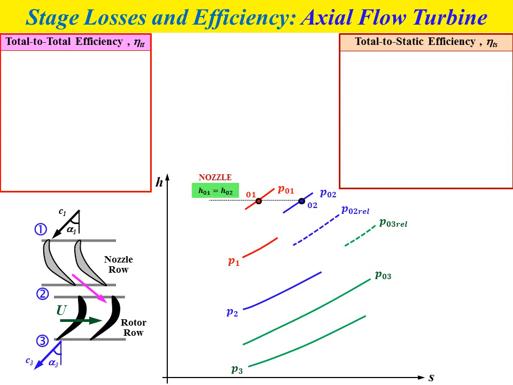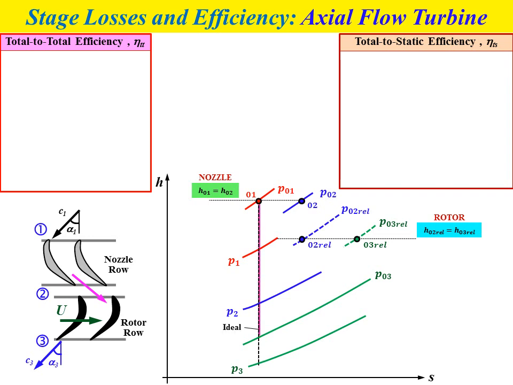This represents the condition in the nozzle, where H01 equals H02 because no work is done in the nozzle. Similarly for the rotor, we have the relationship in terms of enthalpy where H02 relative equals H03 relative. That is why the points 02 relative and 03 relative are located on the same horizontal line.